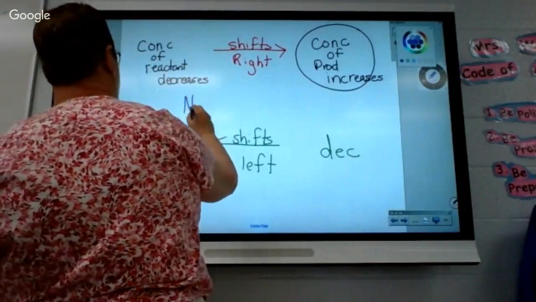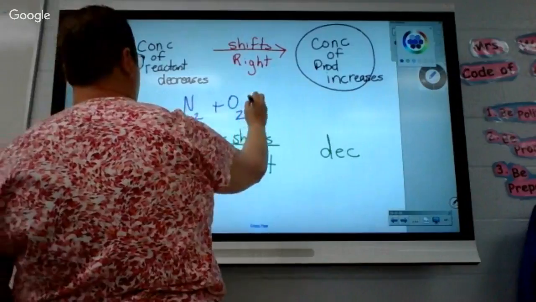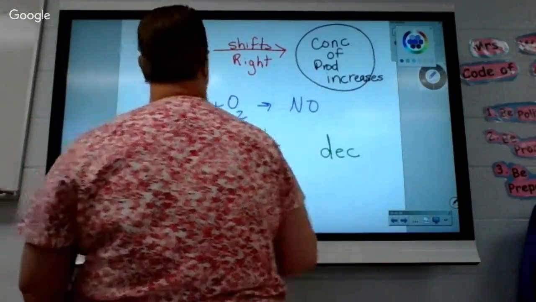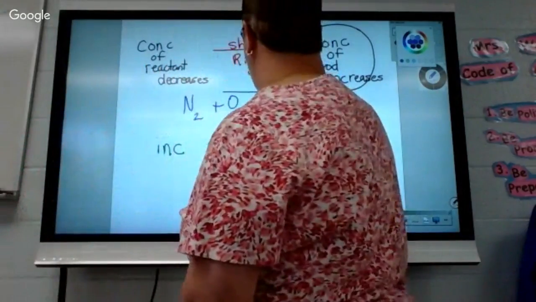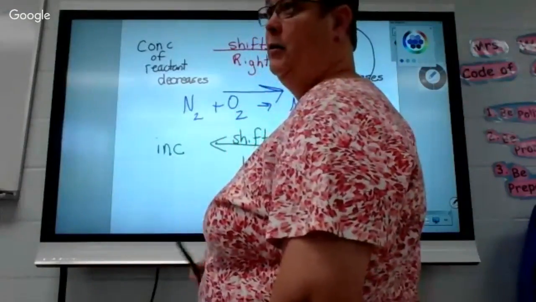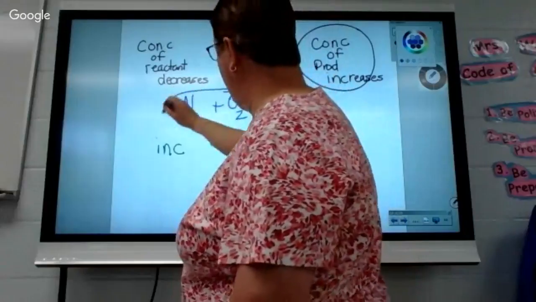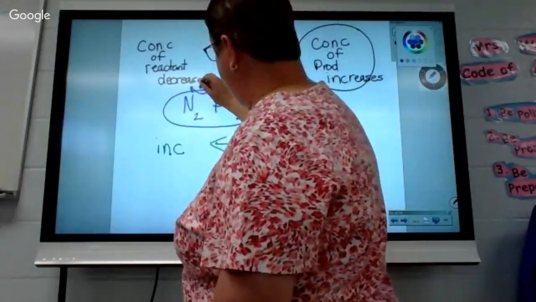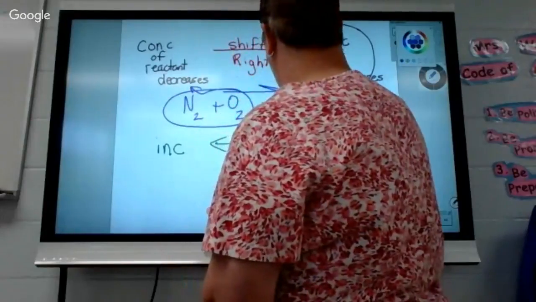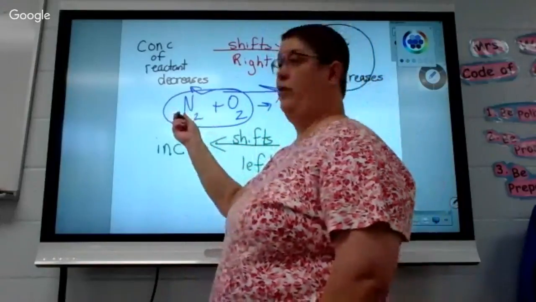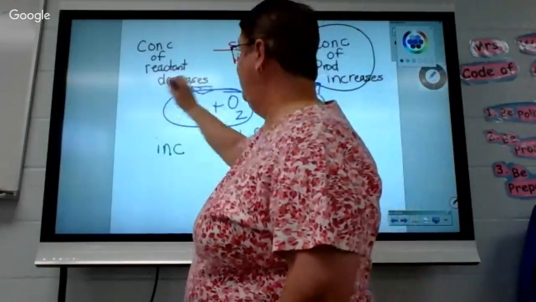The equation is written N2 plus O2 goes to NO, right? You said it's shifting to the right. What does it say for the left-hand side of the reaction? This whole side does what? It decreases. Because N2 is on the left side, it's doing what?